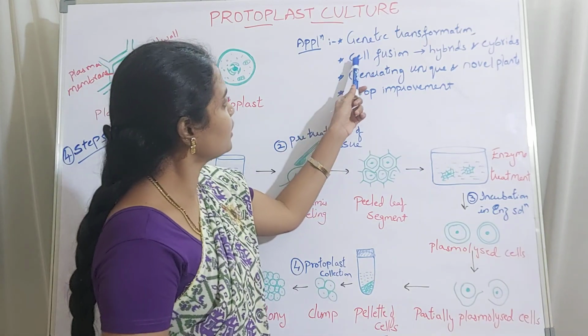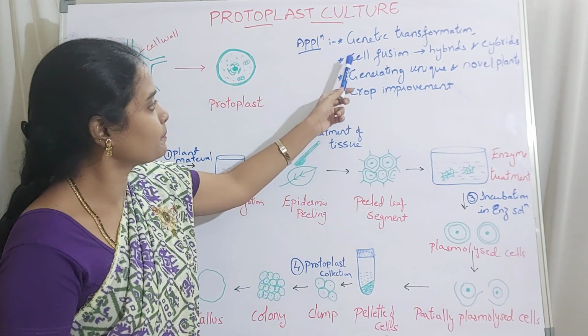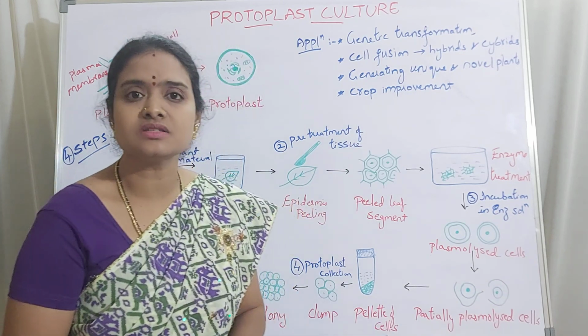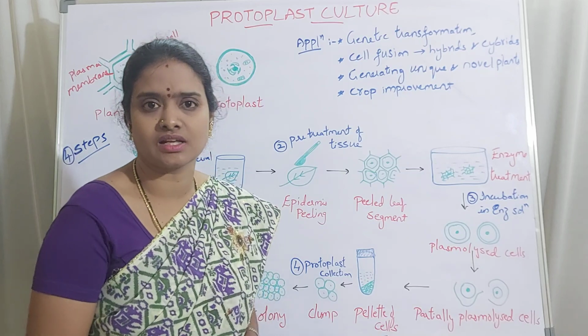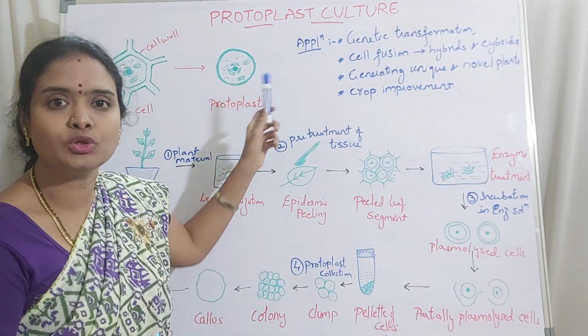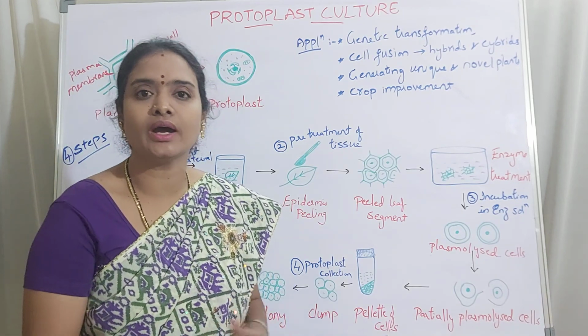And the second application is cell fusion, right? That means the protoplast fusion in order to produce hybrids, right? This we will discuss in next class in detail. So where we are going to fuse the protoplast of two different plant species. Right? For example, potato and tomato.